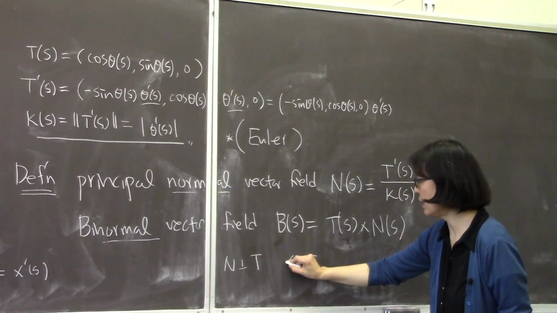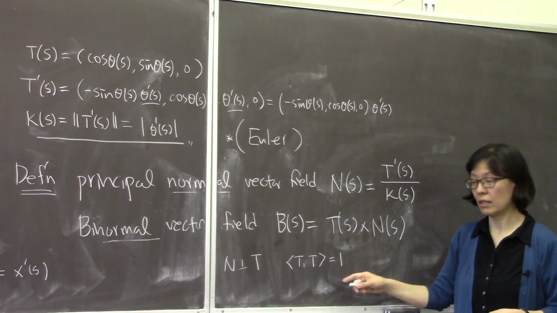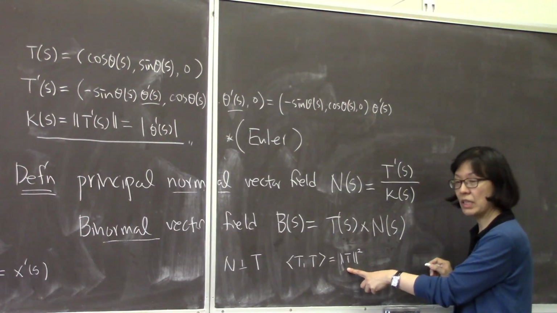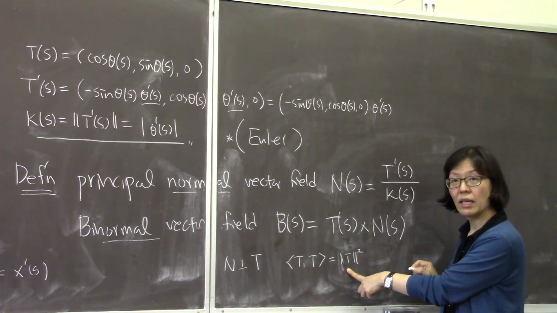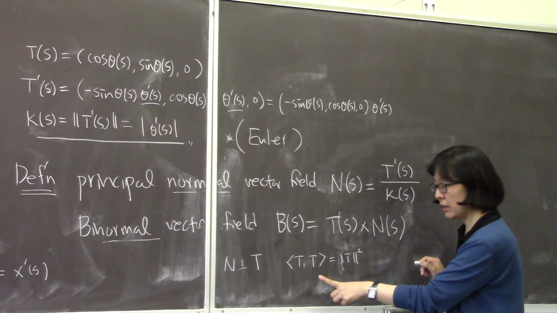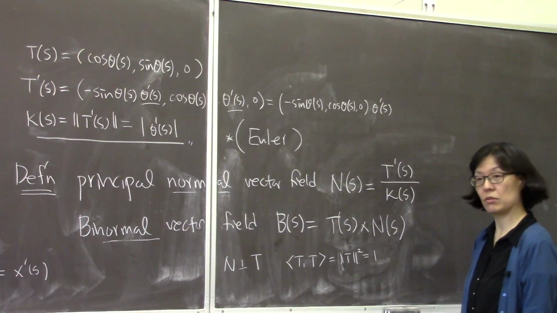The dot product of T and T is the square of the length of T. Do you remember that? Then we know T is a unit vector, so that is 1.